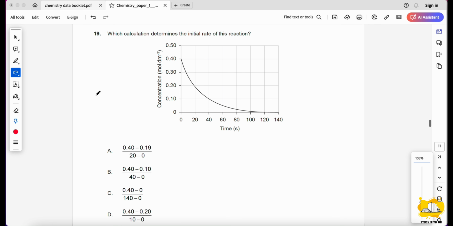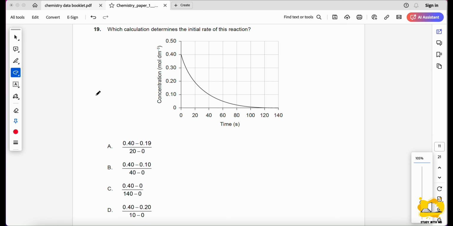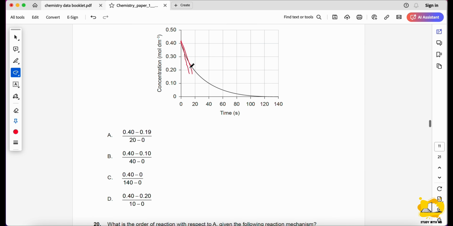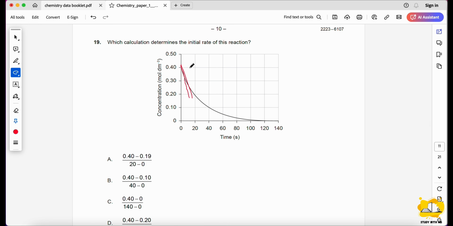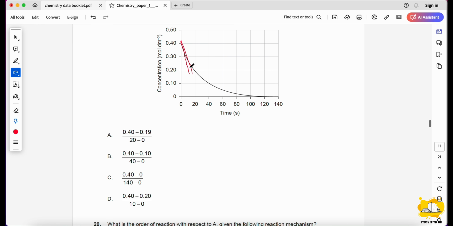Okay, so which calculation determines the initial rate of this reaction? I'm not really sure if I can show it to you right here, but if you have the paper with you, this will be the initial rate, so you can get the answer.